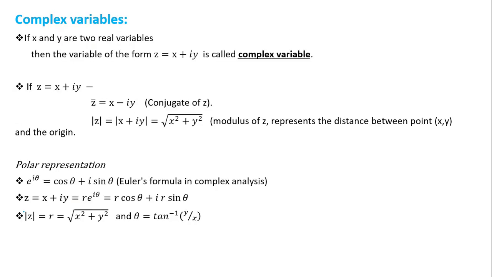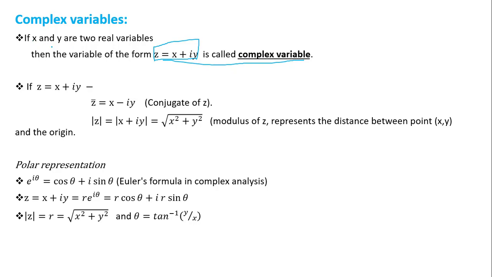Next, let's see complex variables. What are complex variables? It is again very simple. z equal to x plus iy is called a complex variable if this x and this y are two real variables.